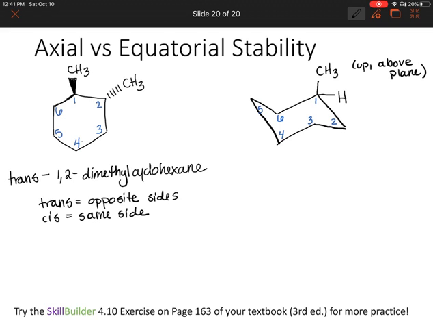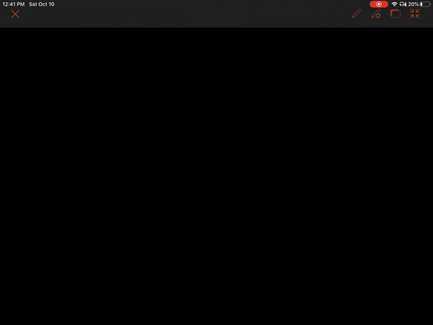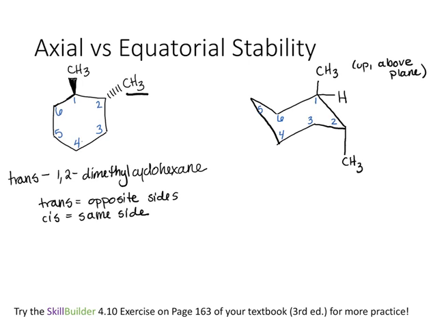And then the other methyl group, the dash methyl group, that's going down away from us. So we're going to draw that on carbon 2, also axial. So it's down and away. And then the hydrogen is coming up at an angle.